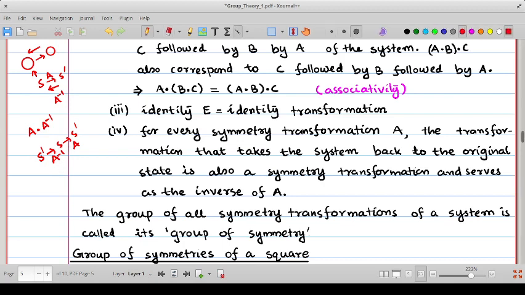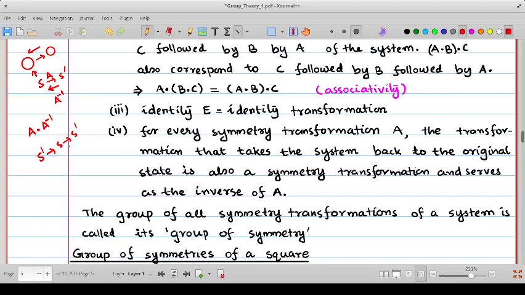And then we see that since A is a symmetry transformation, S dash and S correspond to the same state, and therefore the transformation from S dash to S also is a transformation from the state to itself, and the transformation leaves the system invariant, and therefore A inverse is also a symmetry transformation.